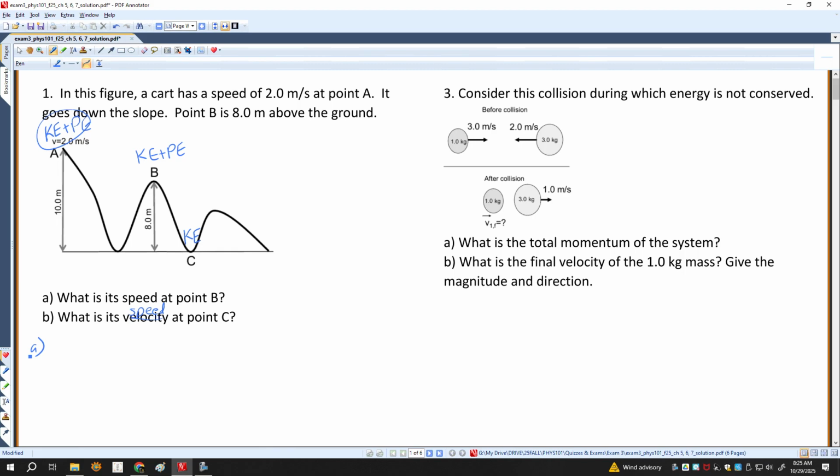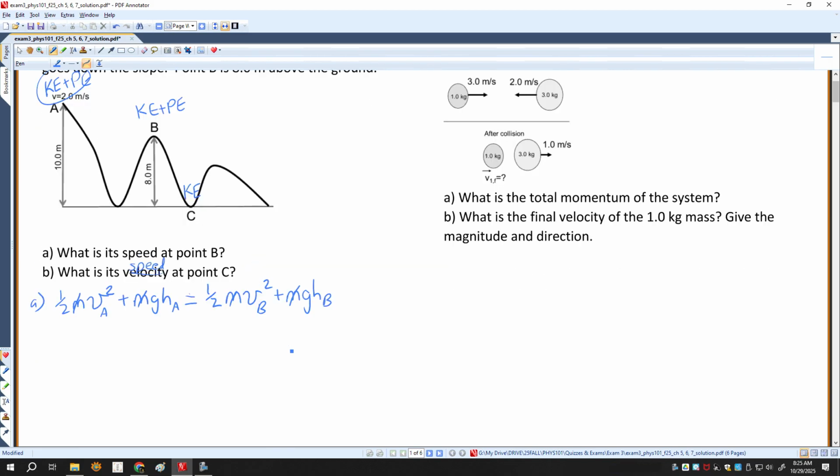What is the speed at point B? So I say the kinetic energy plus the potential energy, that's 1/2 m VA squared plus m g hA is equal to, and then notice that I can divide through by m in each term, and since it's in every term, that goes away.